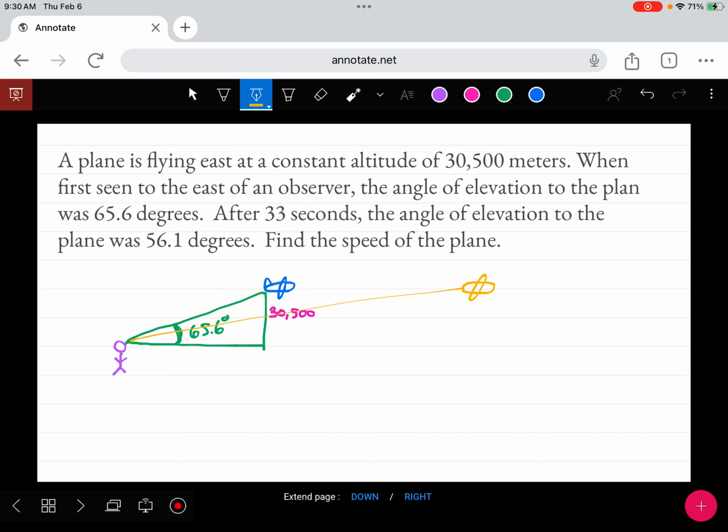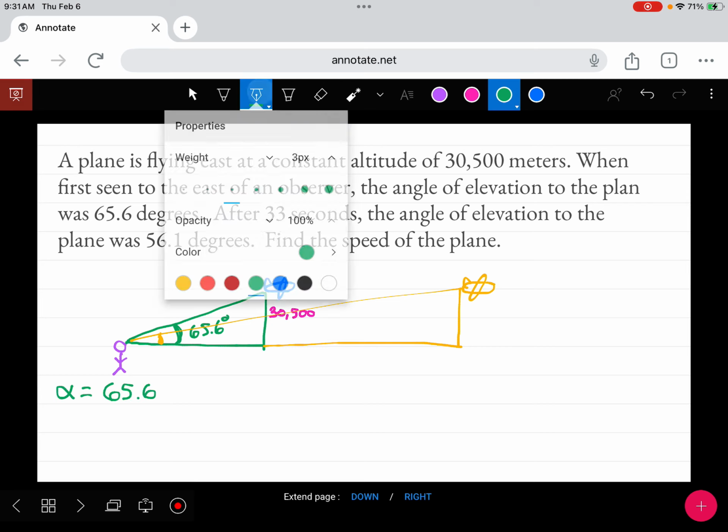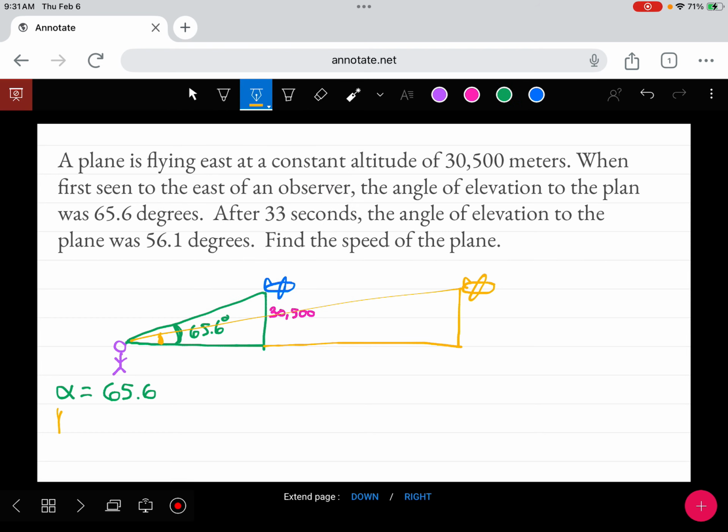So our plane keeps flying, and now it's over here, and our angle has changed. It's flying at the same altitude, but now we're looking at this little angle here. I'm gonna name them. The first angle was our alpha, that was 65.6. I'm gonna do this yellow angle as a beta, and it is our 56.1.